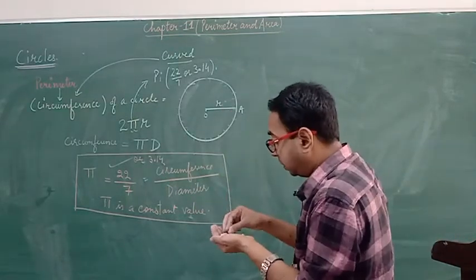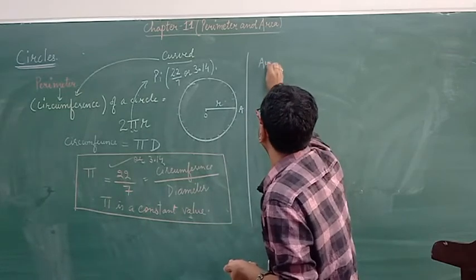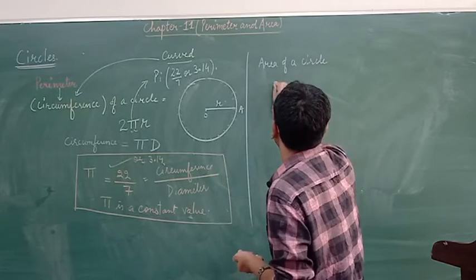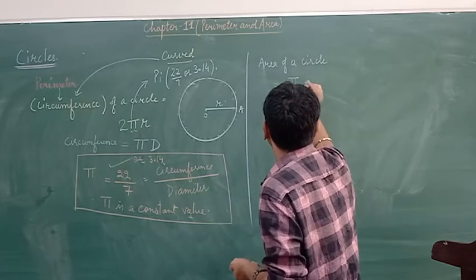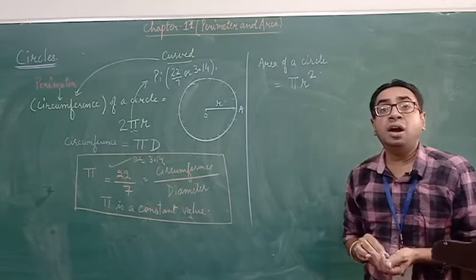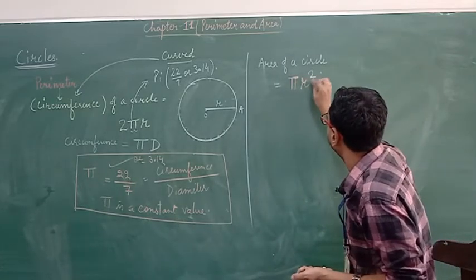Now let's see the area of a circle. Area formula is pi r square. Again I am repeating, it's pi r square.